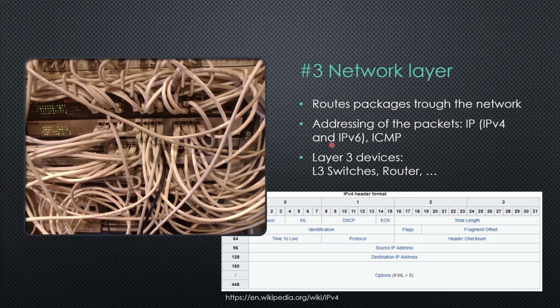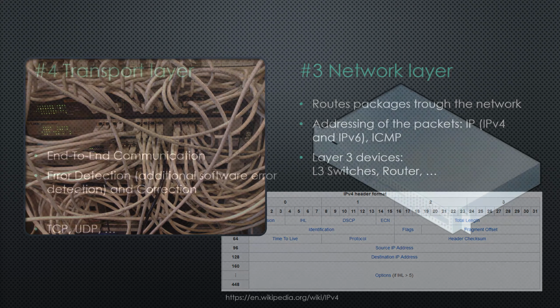It's a bit more complicated, this header, and we're not going to talk about this too much, but here you can see the IPv4 header format where we have the source IP address and the destination IP address, and layer 3 devices can operate on them. For example, layer 3 switches, which are basically just a router and a switch combined, can analyze this header and then decide if the package needs to be routed. This is the thing that we also had with the default gateway. So this is all something that's happening on the layer 3 switches and routers.